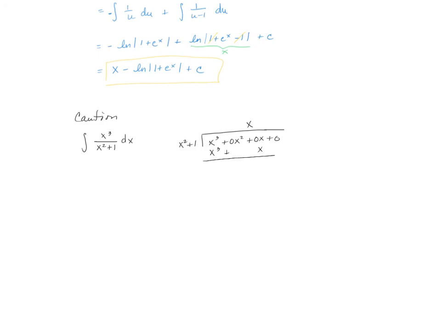Okay. And when we subtract, the x cubes are gone, but remember we're minusing, right? It's x cubed minus x cubed, and we have 0x squared minus x plus 0.